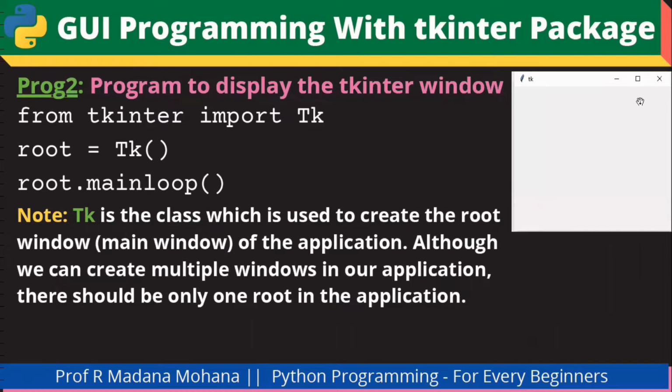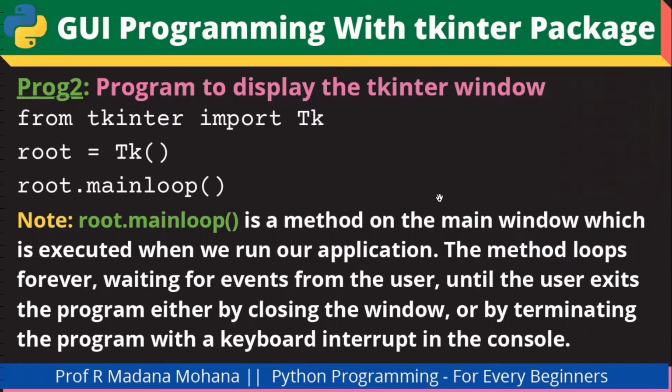So earlier we have seen the window. Whenever you close the window by clicking the close button, or close the program, until an event occurs, the main loop repeats. That is the use of mainloop. Okay, now let us go back and run the second program.